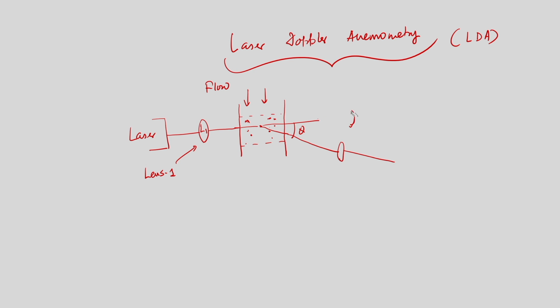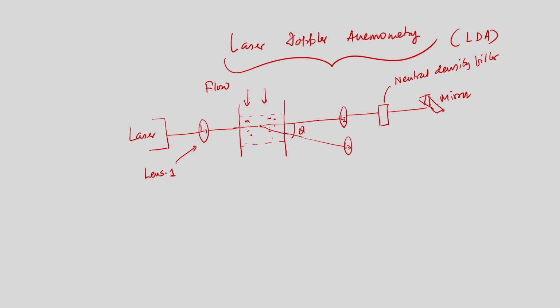So, this is L2, this is L3, and it is taken through a filter known as a neutral density filter, and there is a mirror. The transmitted light and the scattered light are taken to the beam splitter, and these two lights are taken into the photomultiplier tube.